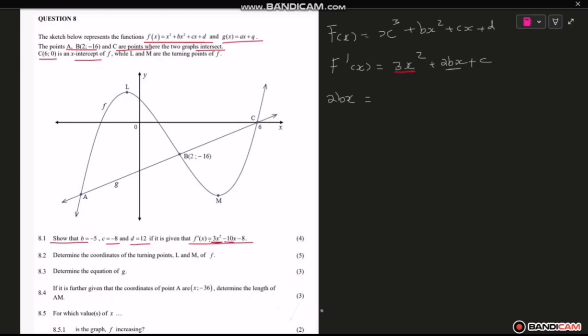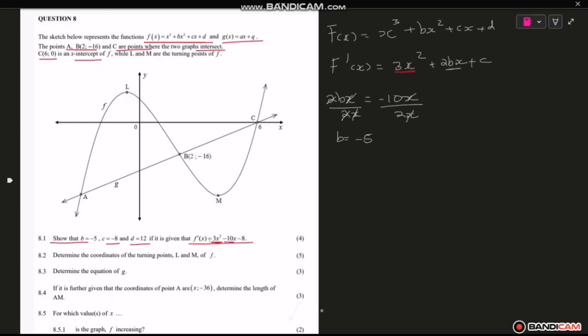So therefore 2bx equals negative 10x, then we divide both sides by 2x to make b the subject of the formula. Then the 2x and the 2x cancel. Then we have negative 5 here, which is what they wanted us to show, right?